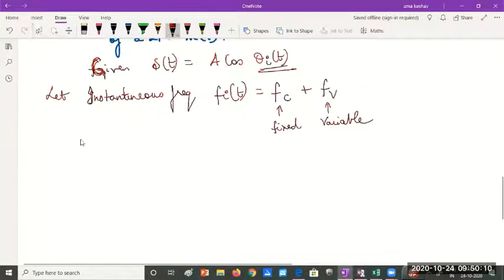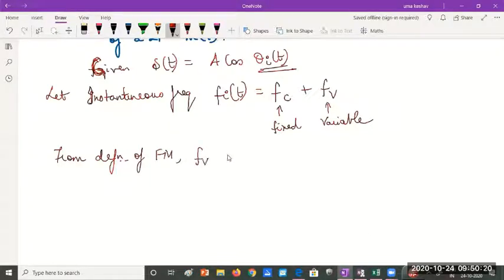Now, what does the definition of FM say? From the definition of frequency modulation, the frequency of the signal should vary in proportion to the amplitude of the message. If you want, you can put magnitude.